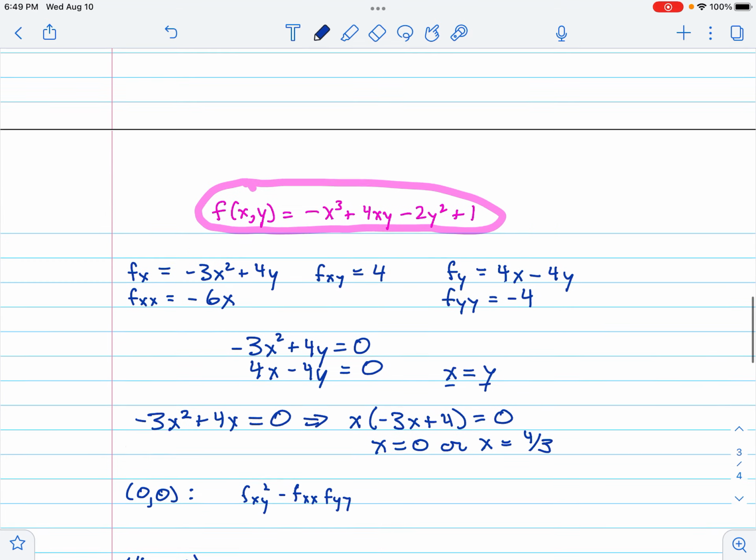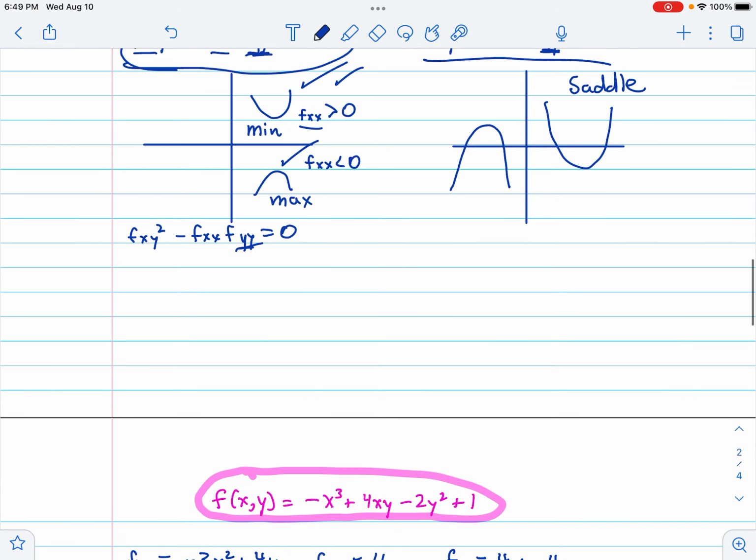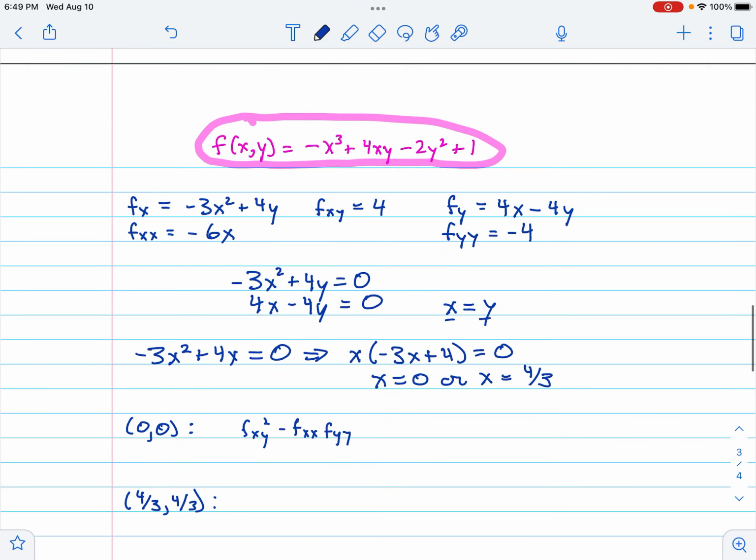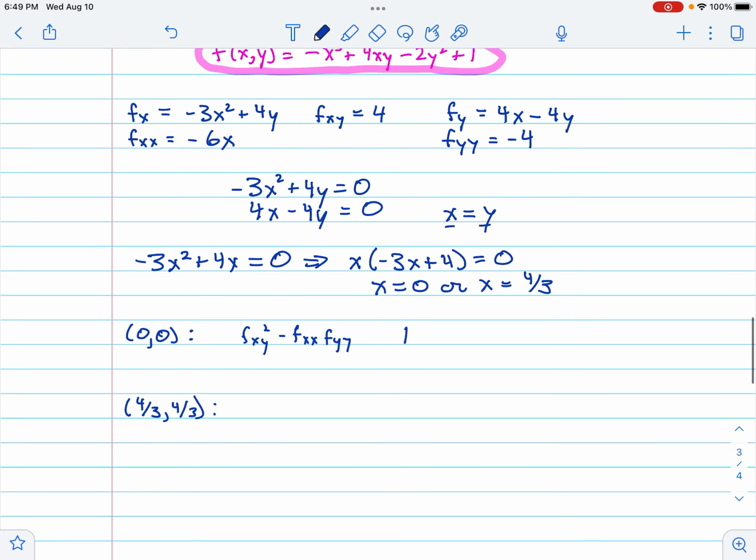Let me plug in. fxy is 4, so fxy squared is 16, minus fxx, which is negative 6 times 0, times fyy, which is negative 4. Well, that is just 16, which is greater than 0.